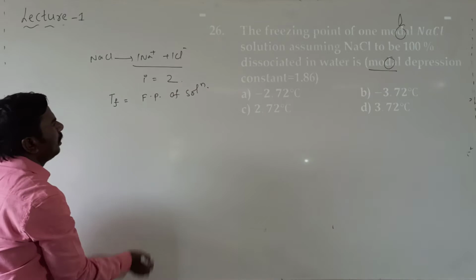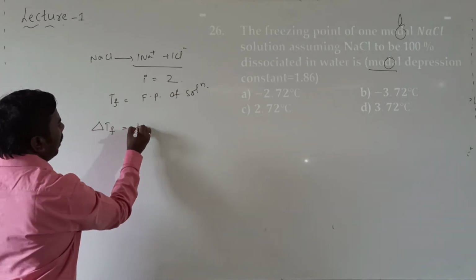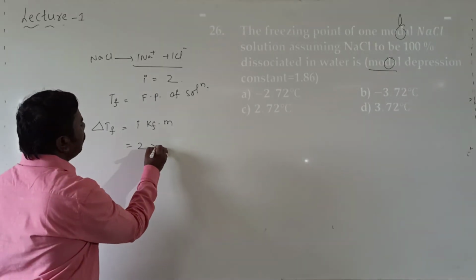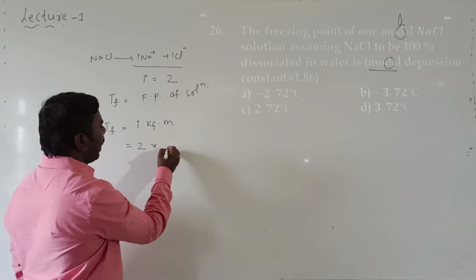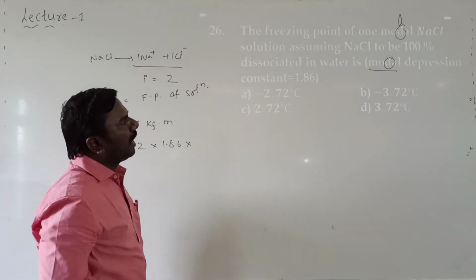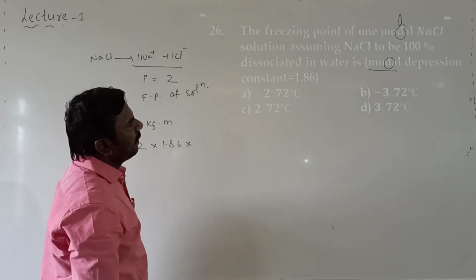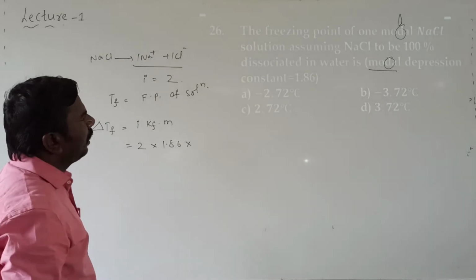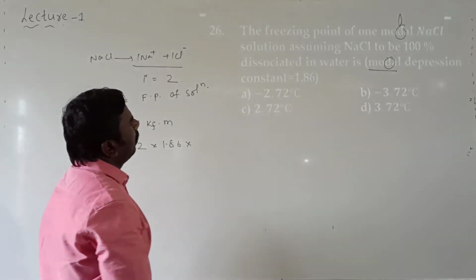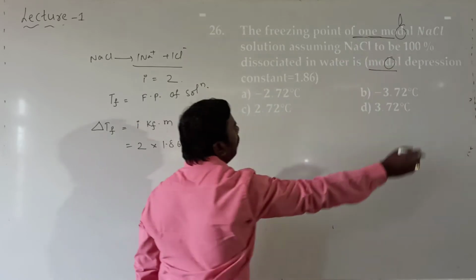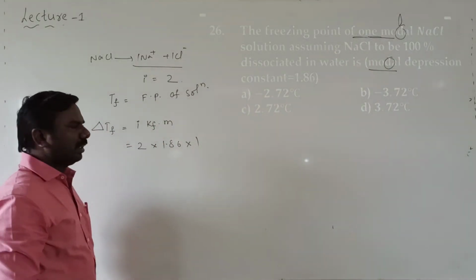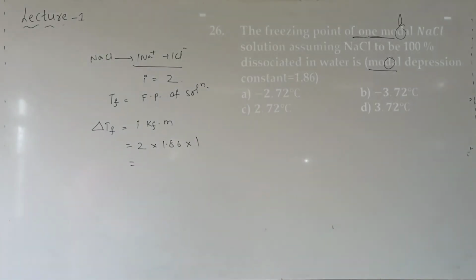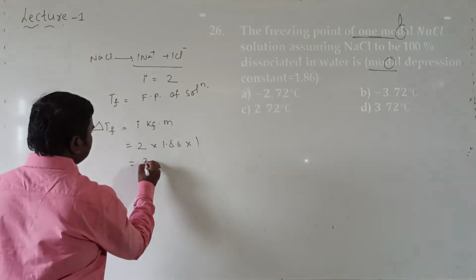Delta Tf equals i into Kf into molality, small m. The i value will be 2. Kf value given in the bracket is 1.86. Molality is given in the question itself: 1 molal. So the answer will be 2 into 1.86, 3.72.